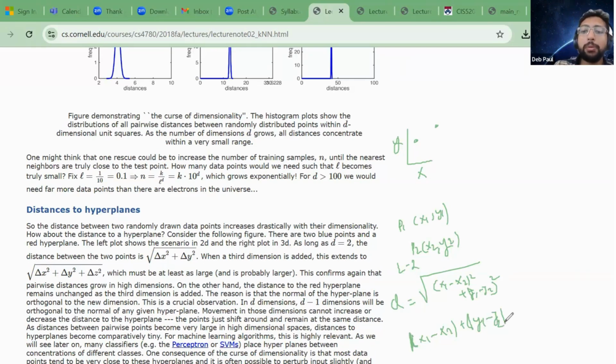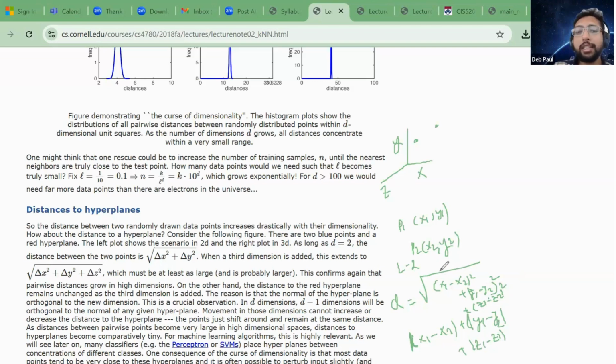But whatever you do, if I somehow add a third dimension, there will be an extra z term, right? So for any of these distance functions, as I keep adding dimensions, I am just adding positive values.